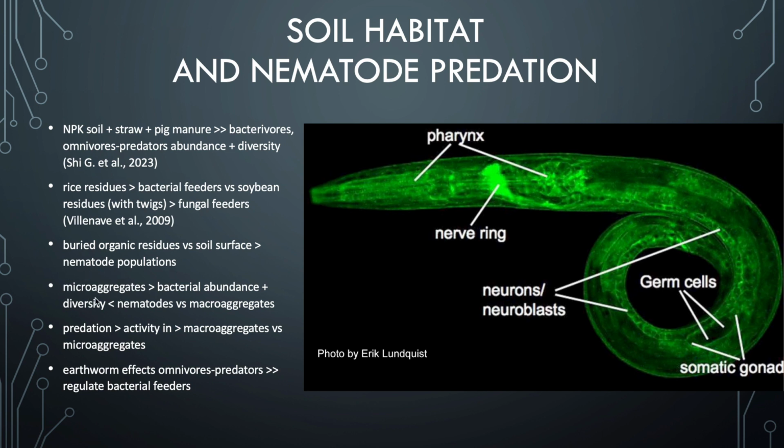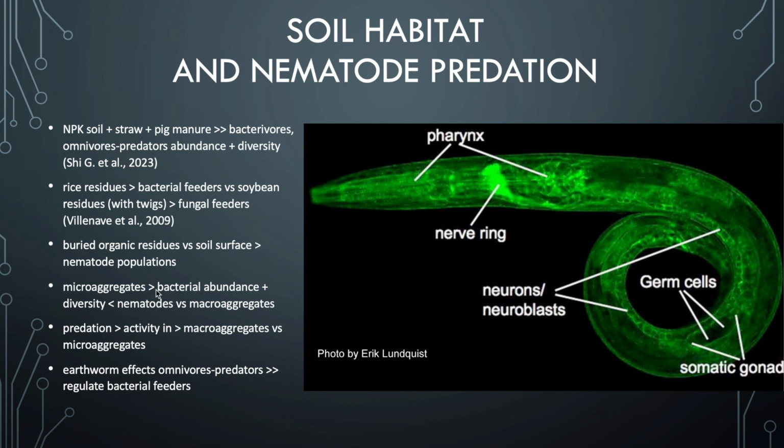Interestingly, the structure of soil is super important as well because microaggregates contain greater bacterial abundance and diversity, but fewer nematodes compared with macroaggregates. So basically, microaggregates contain fewer nematodes because the nematodes cannot fit a lot of the times into the microaggregate pores and actually consume the bacteria present in there.